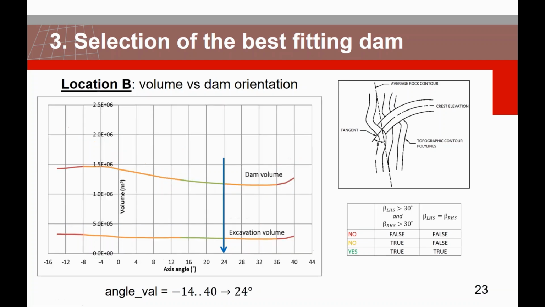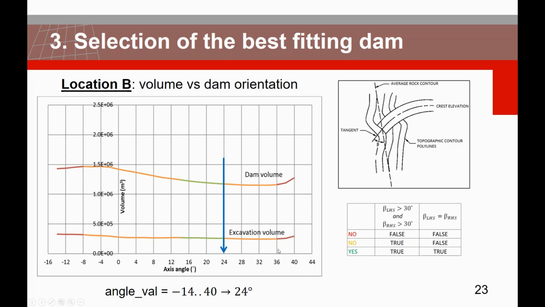And right now, we can go to location B and do exactly the same process as before. So we're starting from the lower bound, and we're increasing the axis angle, and we're passing from the red zone to the orange zone, and at last we find the green zone again. And here we're going to pick the 24 degrees for the axis angle, so we can generate the most economical dam.